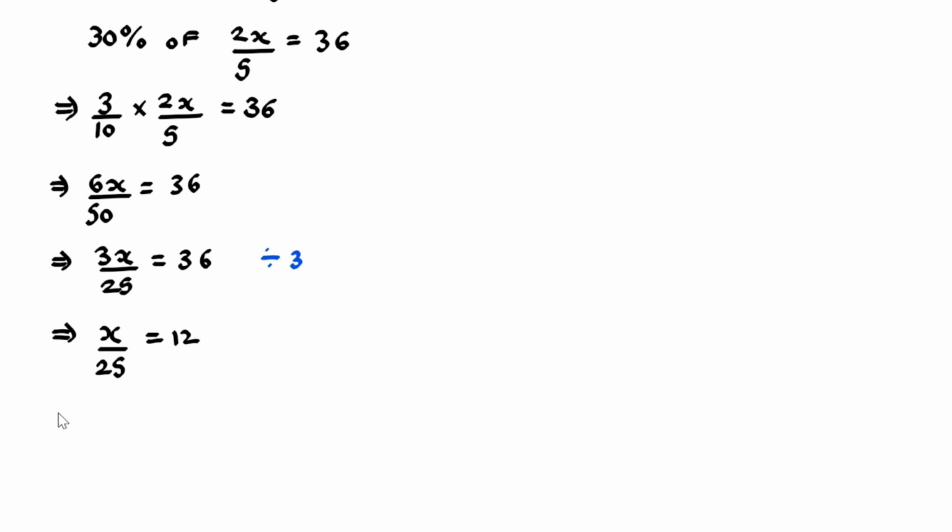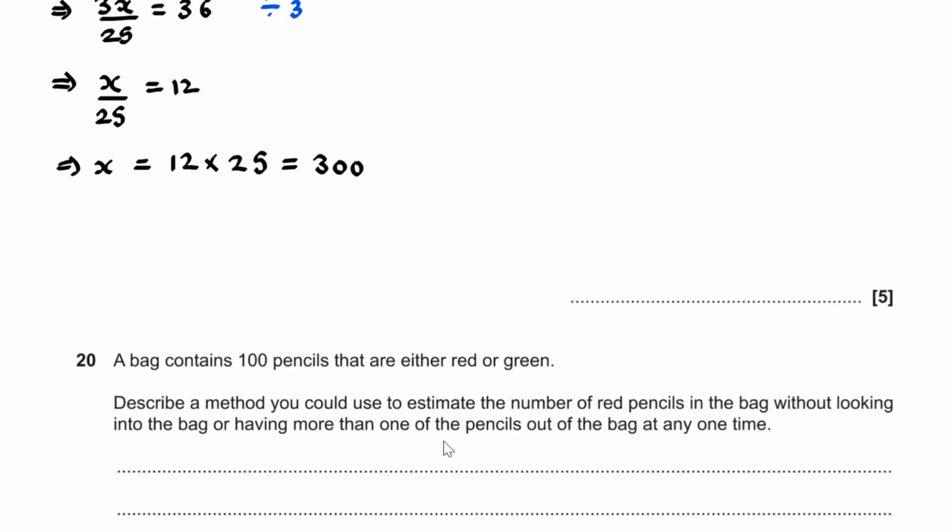And therefore, to find out what x is, we have to do 12 times 25, which is 300. And therefore, there's 300 passengers on the plane.